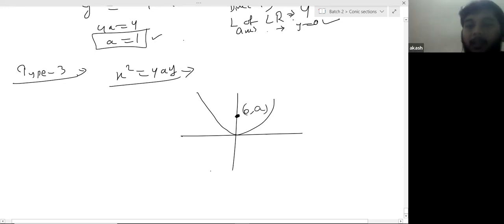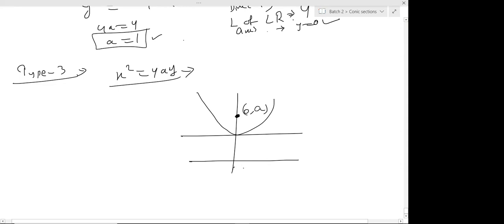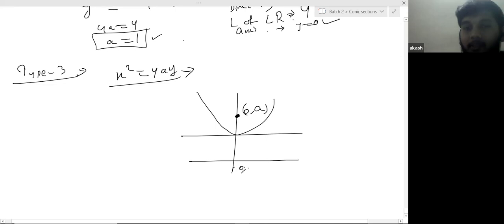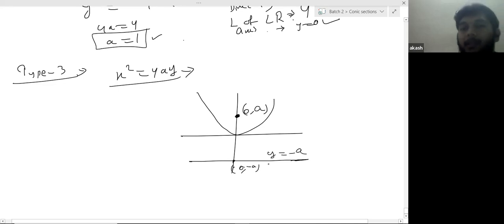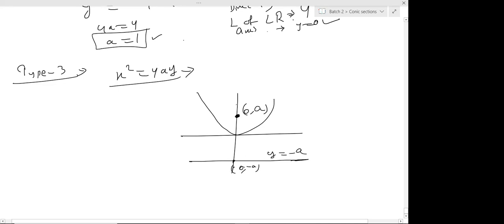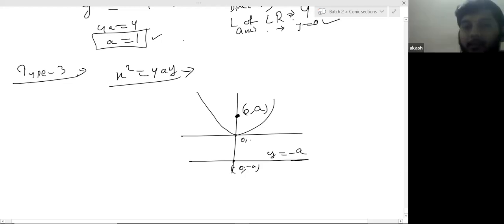And the equation of directrix will be... this coordinate is 0 comma minus a, but the equation of the line is y equals to minus a, and the axis is x equals to 0, right? And the vertex is 0 comma 0.